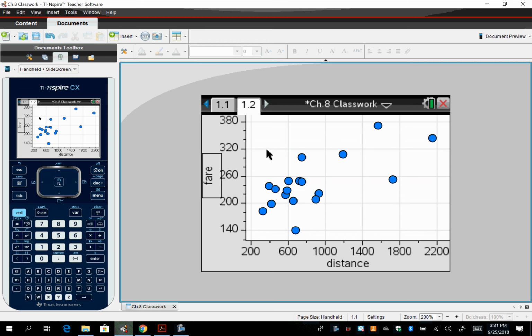Which one? Can you use your words, Myra? Like when I tell my son, which one? That one! That's not helpful. The one by this one here. So this one, what are you expecting? What did you expect it to be if the distance is over 600 miles? A little bit more expensive? So maybe there's something going on with this one, okay? Any other one that you're worried about? Roberto?